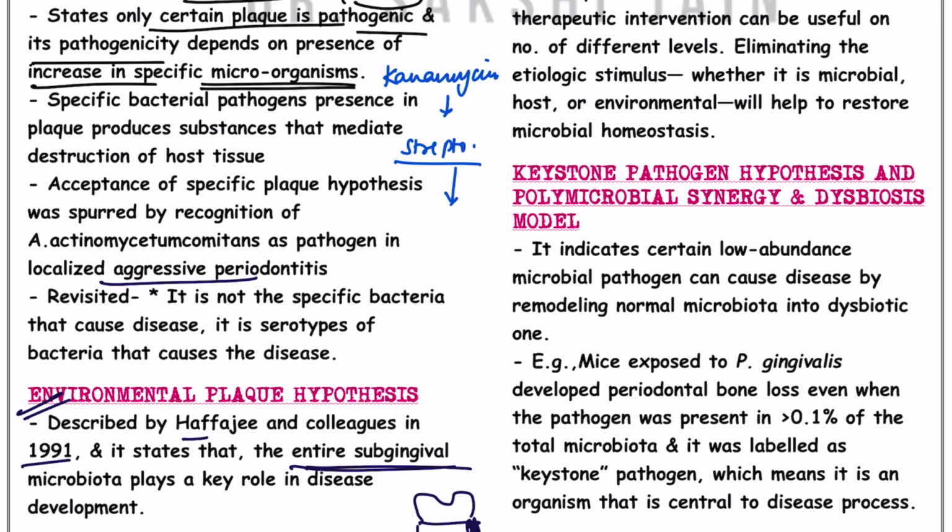There was one experiment in which germ-free mice and normal mice were taken. First, a small quantity of P. gingivalis was introduced to the germ-free mice, and it multiplied in number, but there was no periodontal destruction.